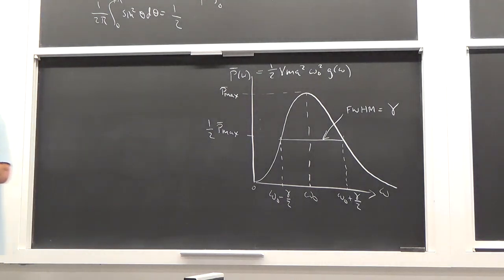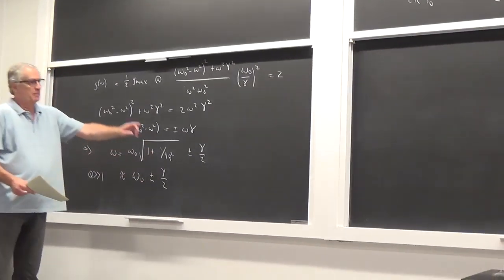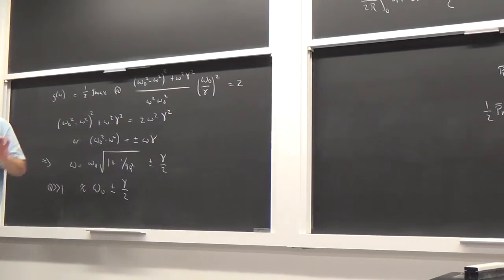This is only for the case of light damping. In particular, this is very light damping where Q is much bigger than 1, where this relation holds and the distribution becomes approximately symmetric.